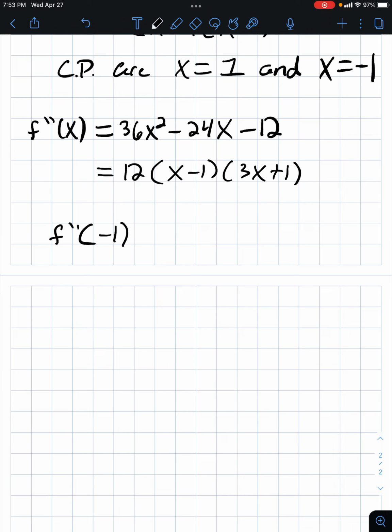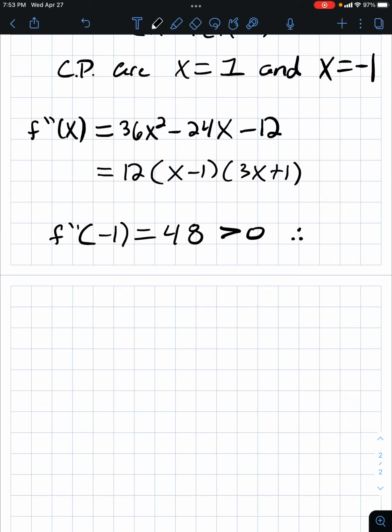If we input -1 into our second derivative, we will get 1 minus 1 is 3 minus 3 is minus 2, and this is plus a minus 2 is 4. 4 times 12 is 48. So f double prime of -1 is 48, which is greater than 0.